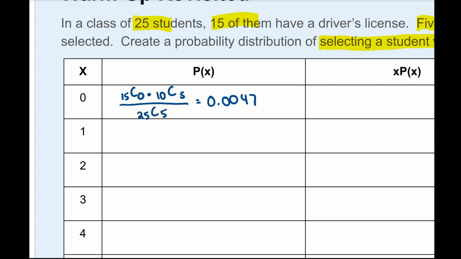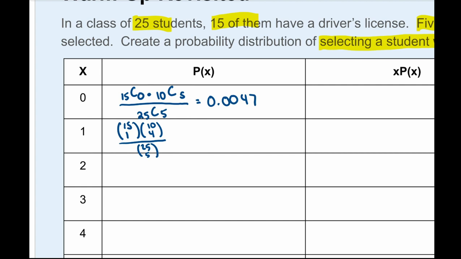For the outcome of one individual out of the 5 selected having a license, I'm going to represent this a different way. So we have 15 individuals choosing 1 that have a license, times 10 individuals choosing 4 of them, divided by 25 choose 5.